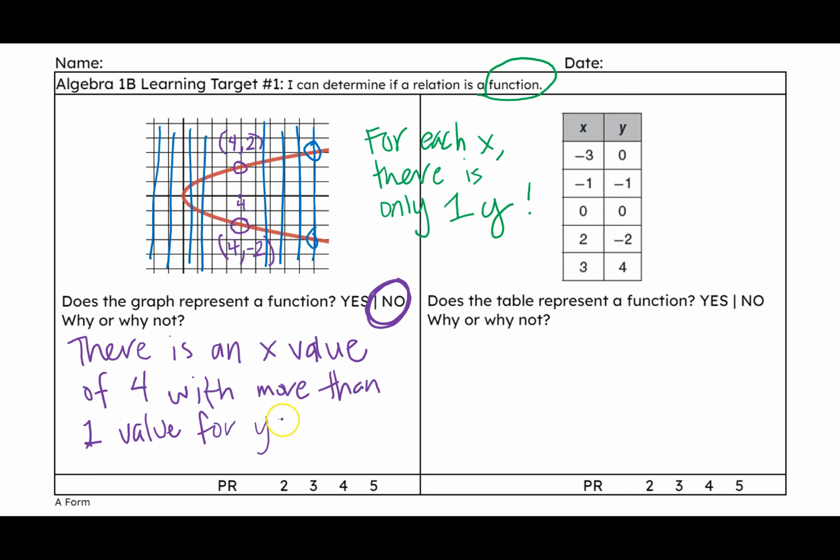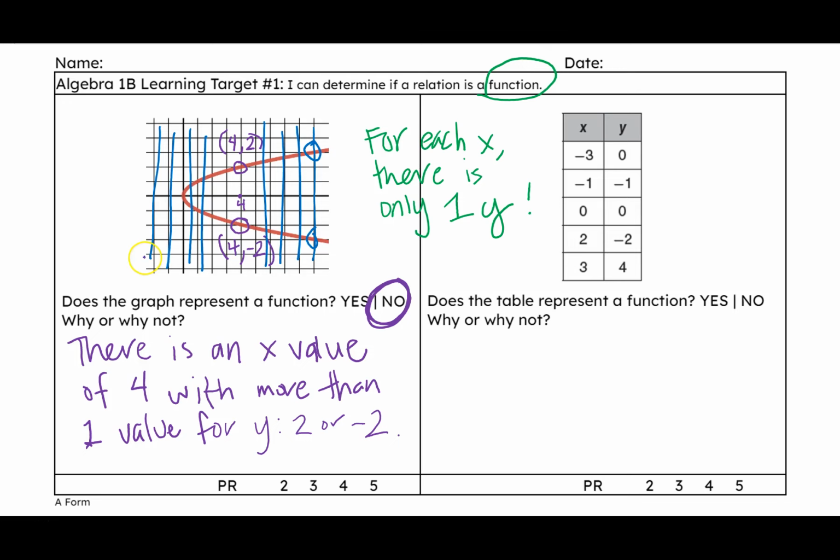And that would be 2 or -2. That is a really great explanation. And you didn't just have to choose that one, I just chose it. You could have chosen 2 or 1 or so many here that disprove that this is a function.